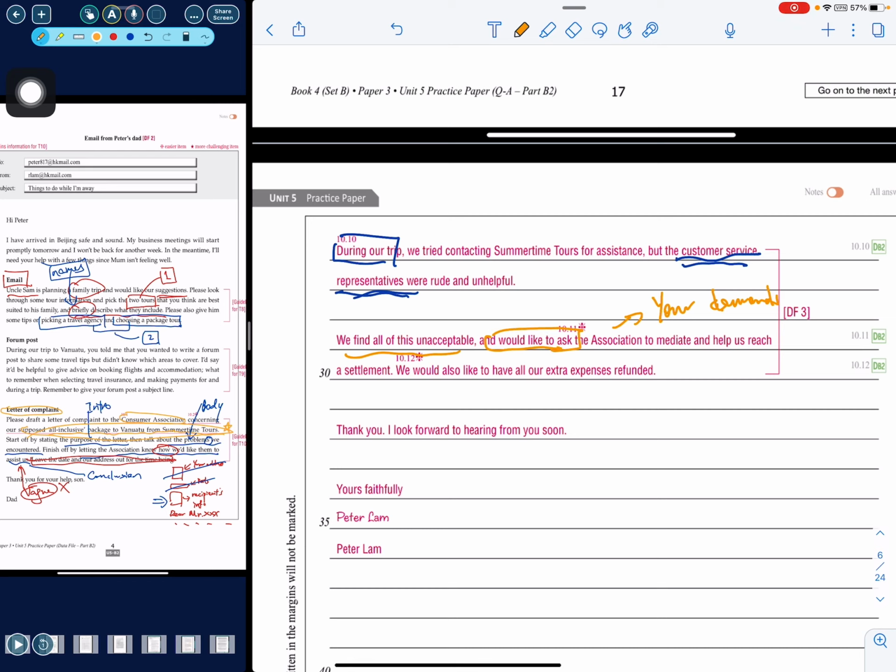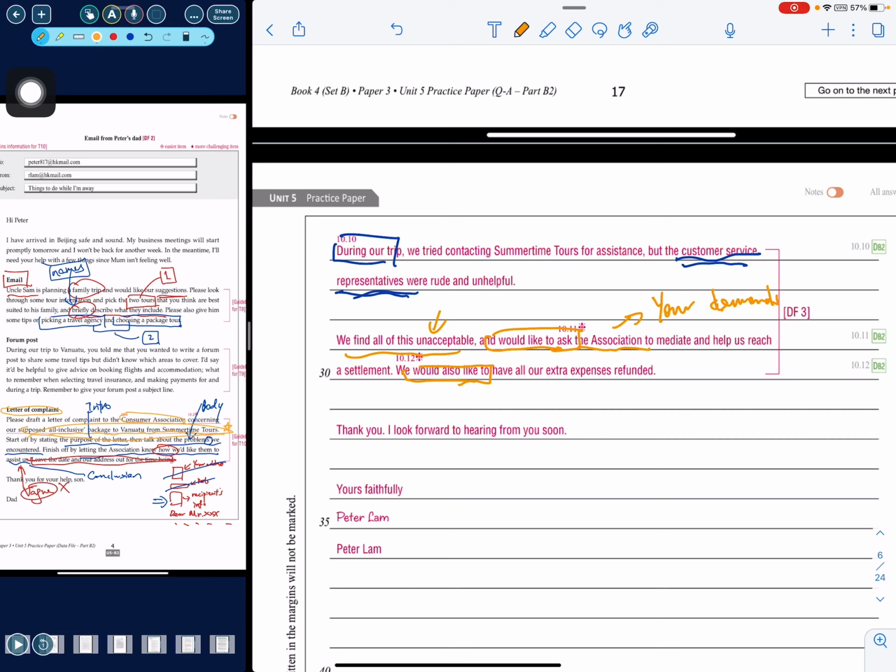You are writing to the consumer association. That's why you have to tell them what you want them to do to help you. So you find all of this unacceptable, and you provide a reason. Basically, it's very clear: not acceptable to me. We would like to ask you to mediate and help us reach a settlement. We would also like, as the second request, to have all our extra expenses refunded.